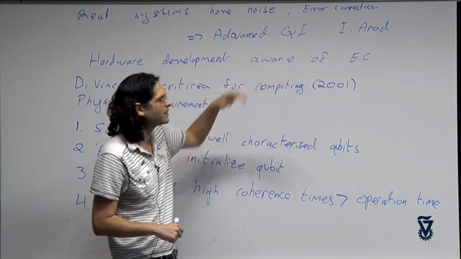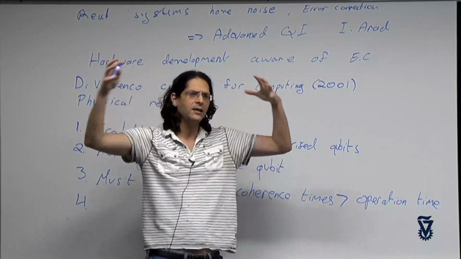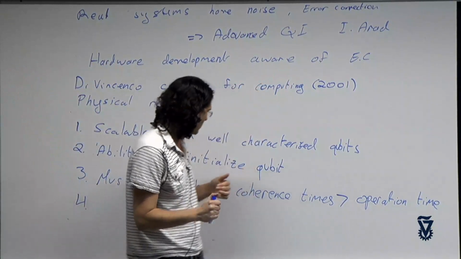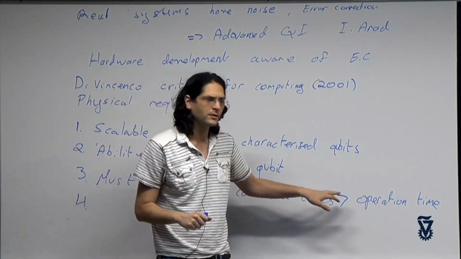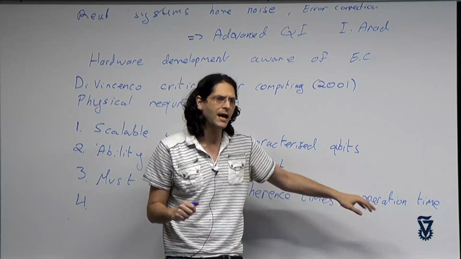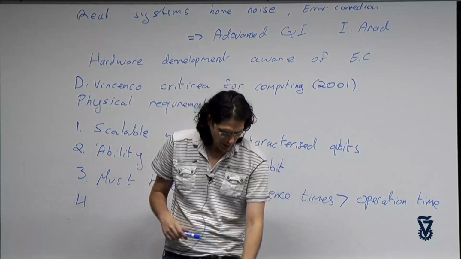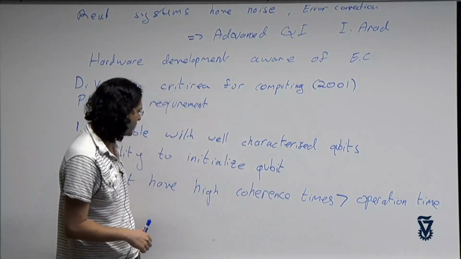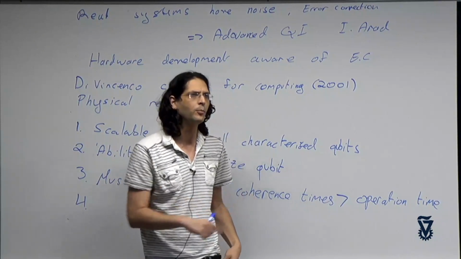This is the big thing about error correction. If your hardware is above that, putting more and more qubits will just make it worse. So you have to have coherence time that is much longer than the operation time, and for error correction, you need the errors to be below a certain threshold. I have it on the last two things of the list, but I'll write it down on the board in a second.